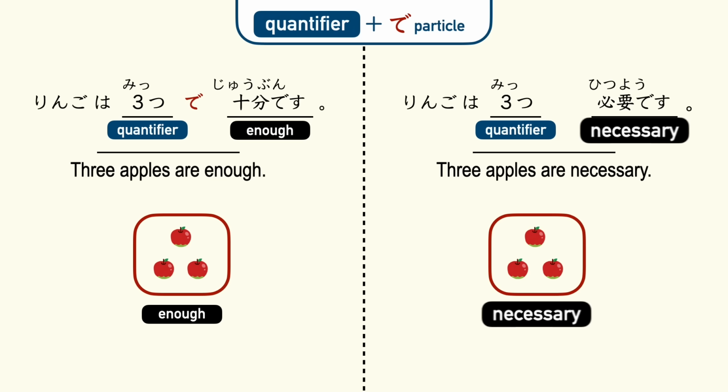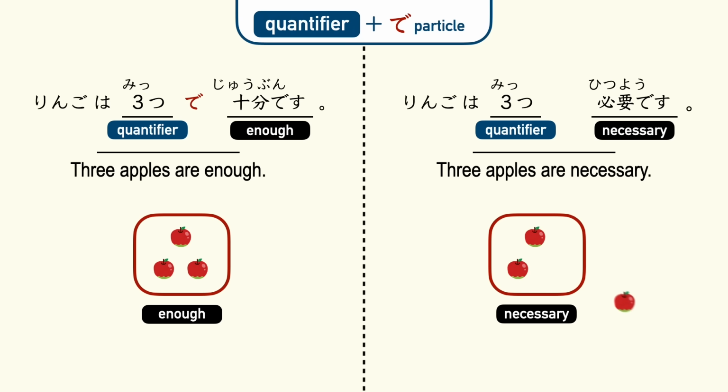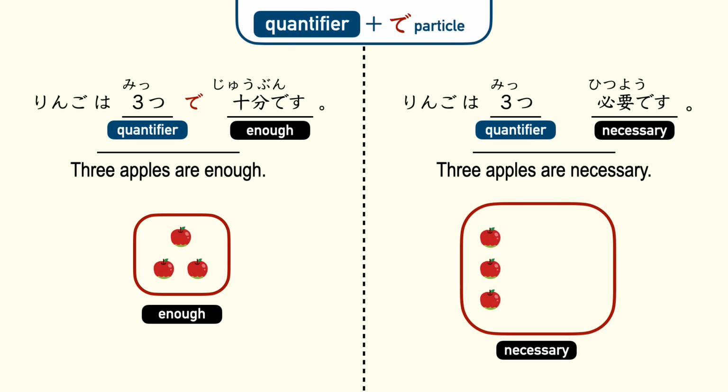How about the word necessary? Even if 1 apple is taken away, the remaining 2 apples are still necessary, right? Even if there is only 1 apple, that apple is still necessary. That's because when you say 3 apples are necessary, you mean each one of these 3 apples is necessary. So this boundary is not needed.